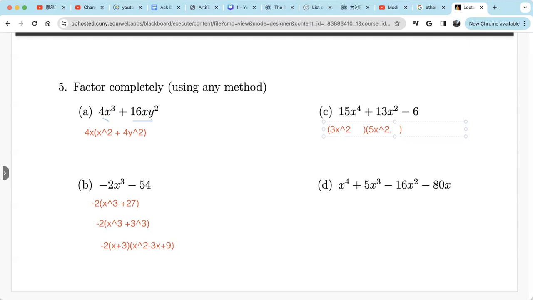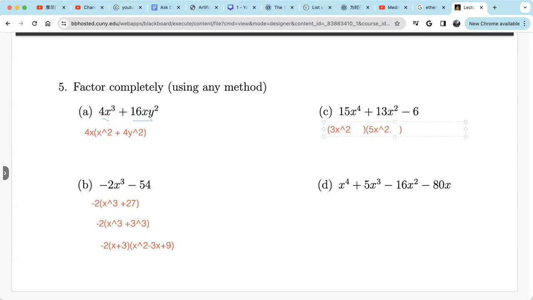The factors of -6 can be -2 and 3. We want to play with this 3x squared and 5x squared to be able to get the middle term 13x squared.